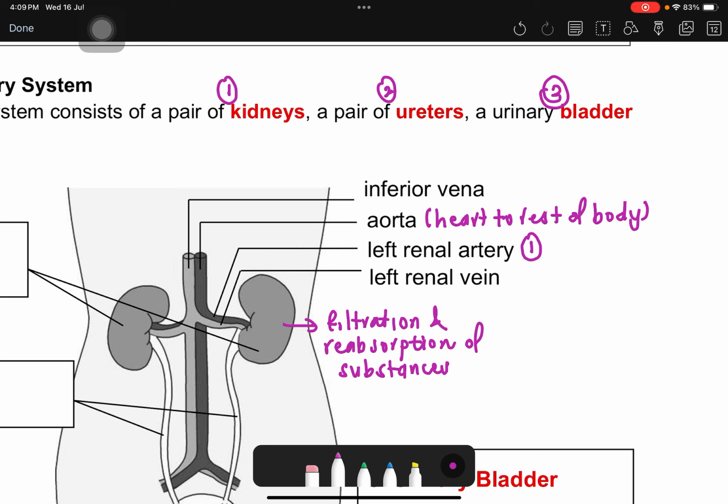So it will first go through the kidney artery, left renal artery, before being brought to the kidney, and then the clean filtered blood will be transported to the rest of the body via the renal artery. Alright, so do pay attention to the flow as well as we link it up to the other human system that we have gone through.